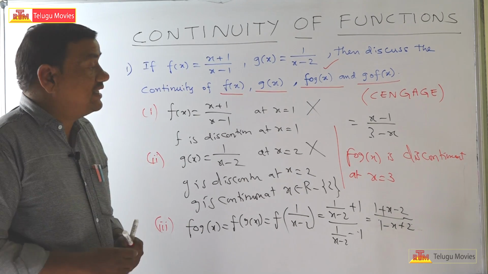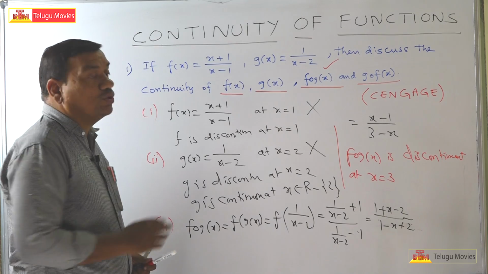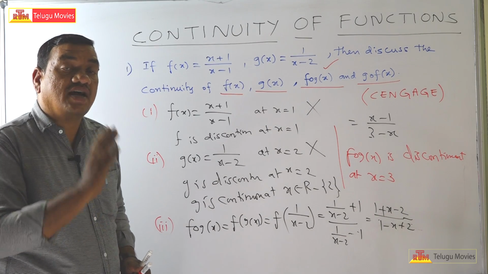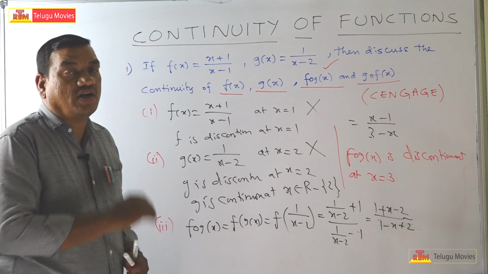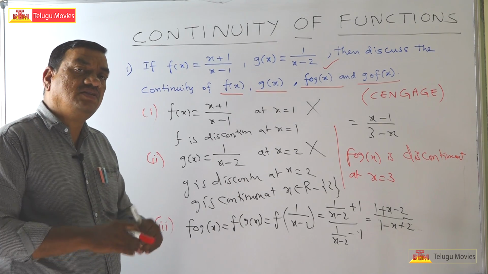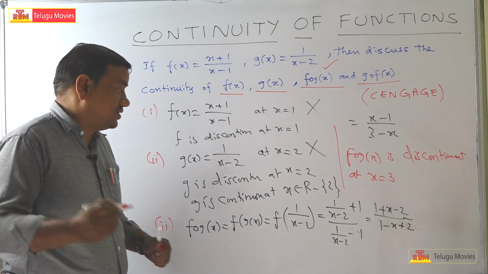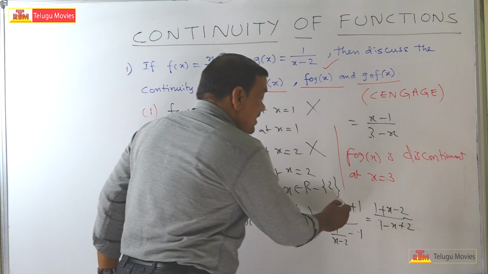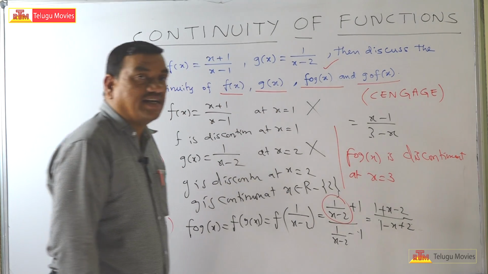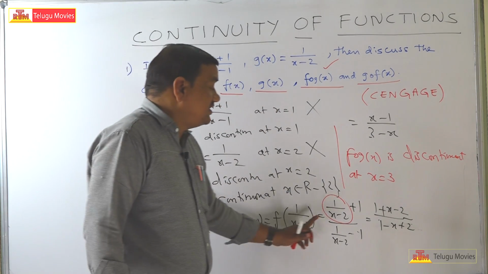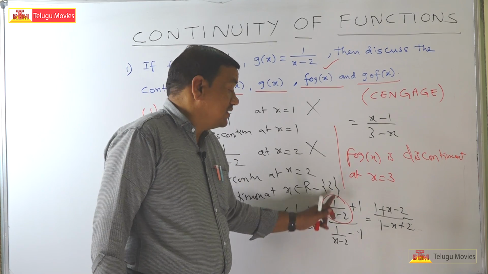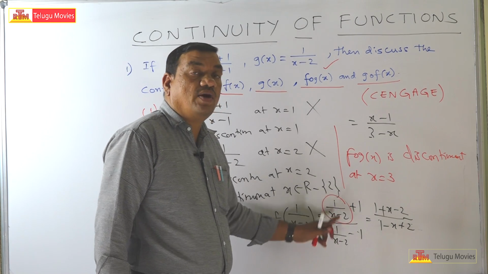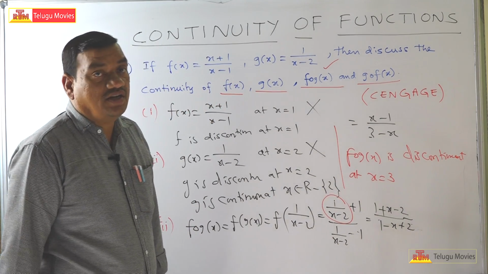If you write only x is equal to 3, your answer is not correct, it is only half correct, and half correct means half false. Then how to do this? See here, 1 upon x minus 2. When x is equal to 2, what happens? 1 by 2 minus 2 is 1 by 0, which is not a real number.